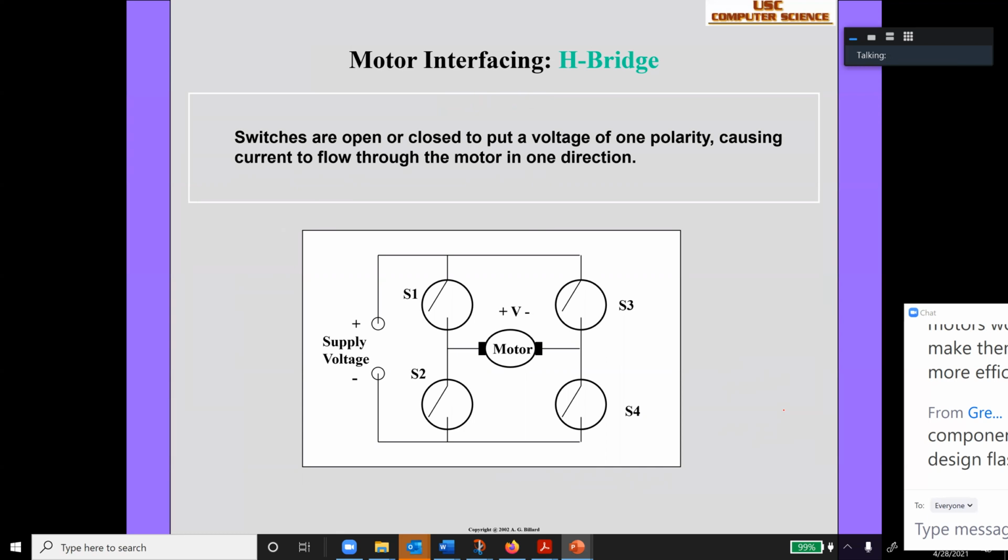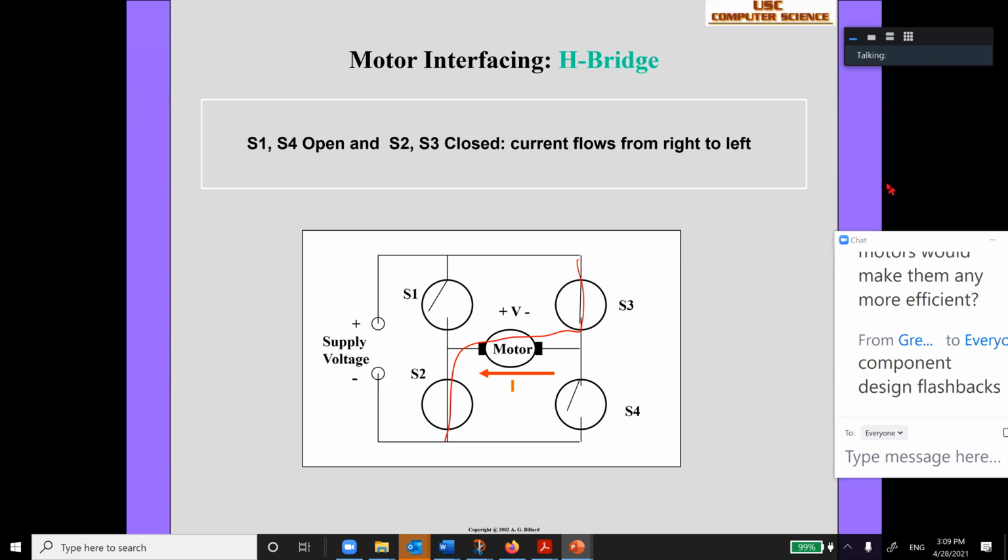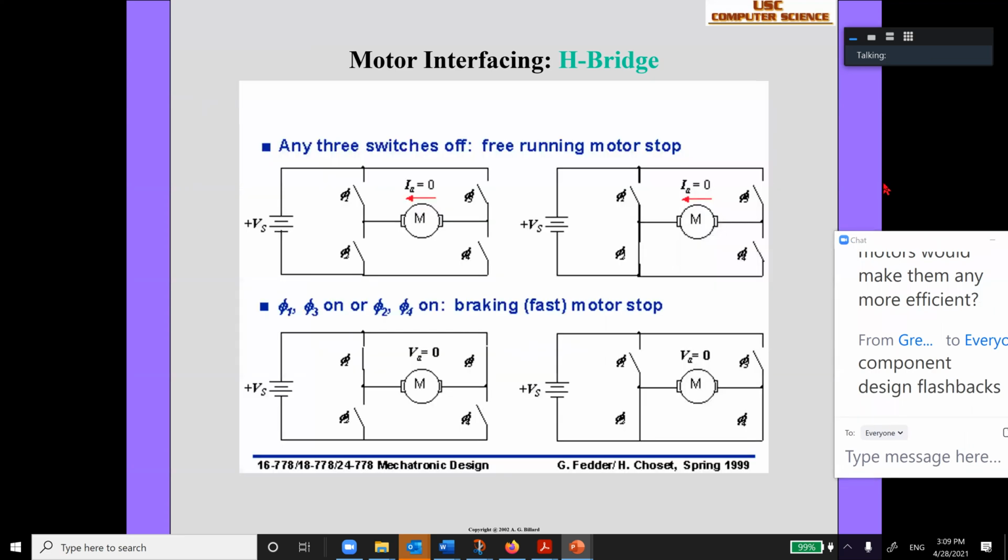If these two are off and these are on, the current goes this way, and you can turn on the other way too. It usually works on that principle. So we can have a digital logic to control the on and off switching of this motor.